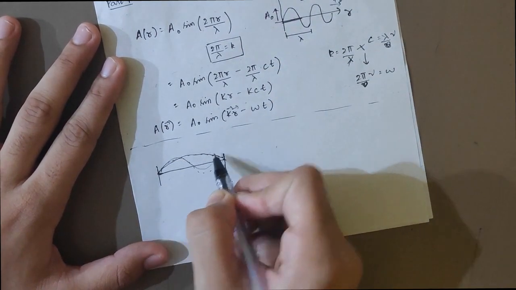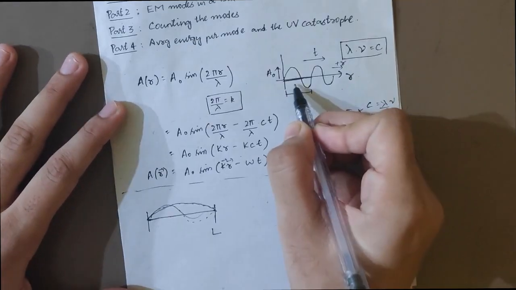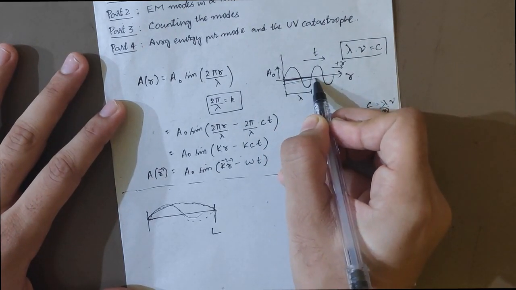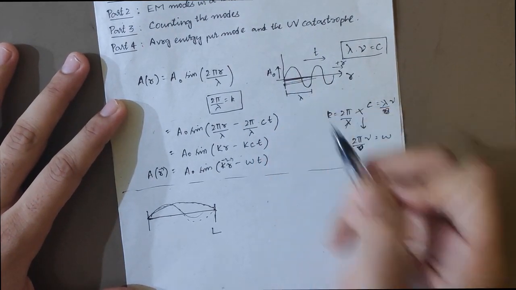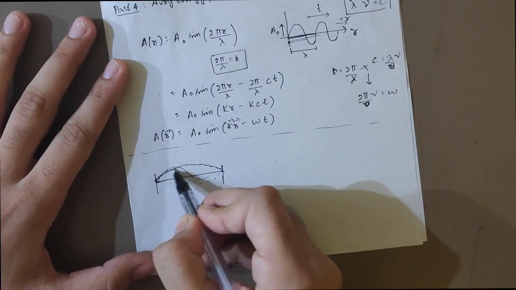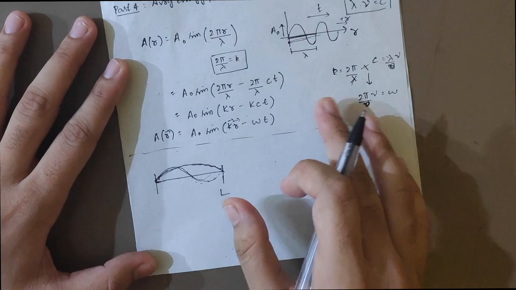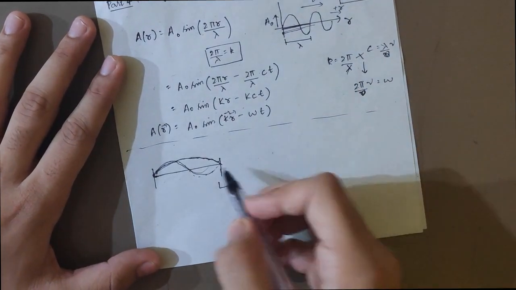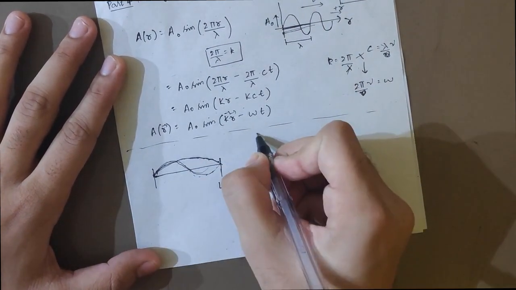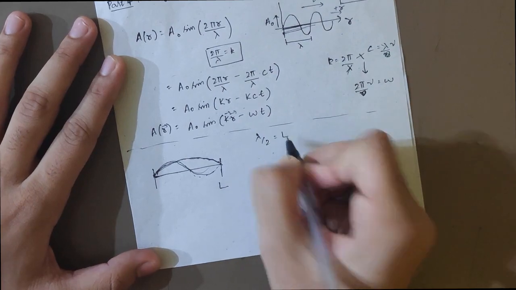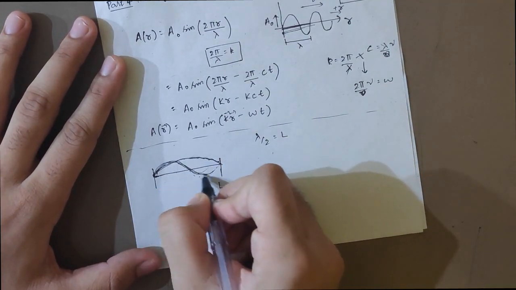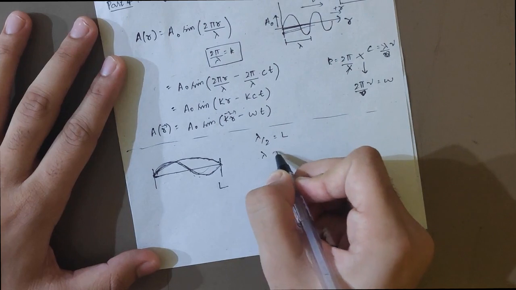And this becomes one full wavelength as this. So this is one full wavelength and this is half a wavelength. Similarly, a wave can be like this or like this, and we have perfect rigid conducting walls, right? In the first case, we have lambda by 2 equal to L. In the second case, we have wavelength equals L.